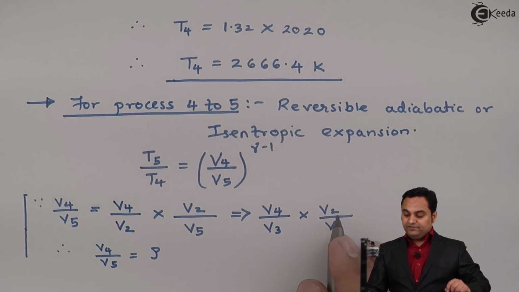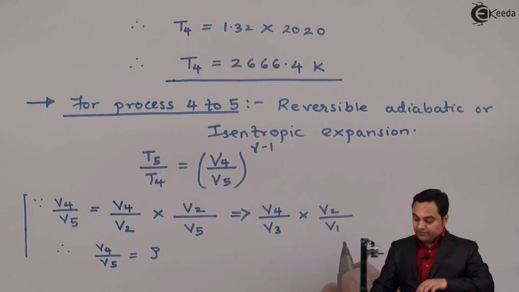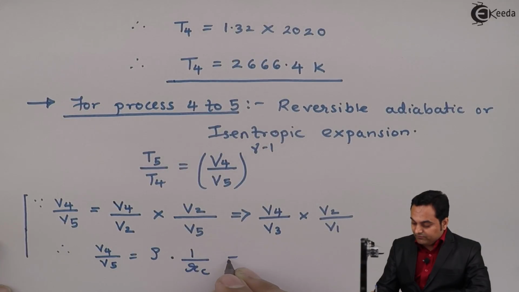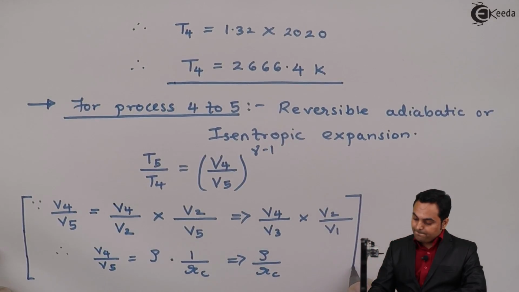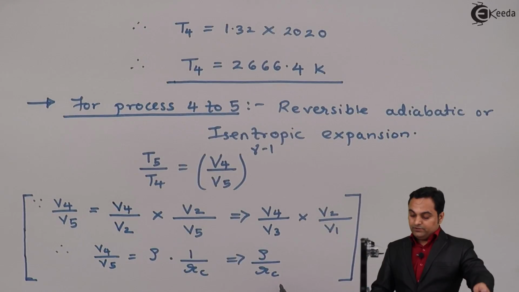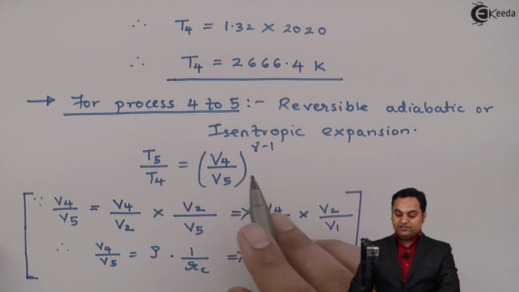See here, V1 by V2 was the compression ratio RC, so V2 by V1 will be the reciprocal, 1 upon RC. So finally V4 by V5 will be equal to rho upon RC.